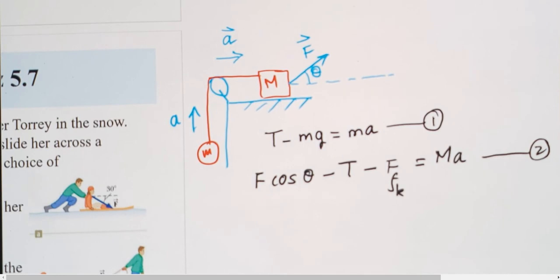But in the book, the example he gave, it's moving in one direction, and you know from the beginning where it's moving. So this is my second equation.